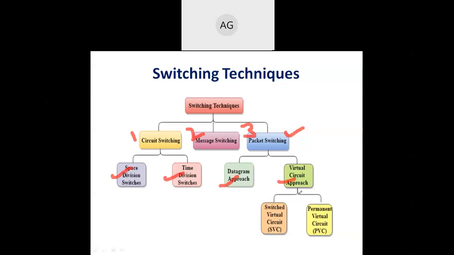Virtual circuit approach is further categorized into two types: one is the switched virtual circuit approach, abbreviated as SVC, and the other is the permanent virtual circuit approach, abbreviated as PVC. In the unit 2 syllabus of computer network, we are going to study only packet switching, because circuit switching and message switching are not covered in unit 2 of your syllabus.